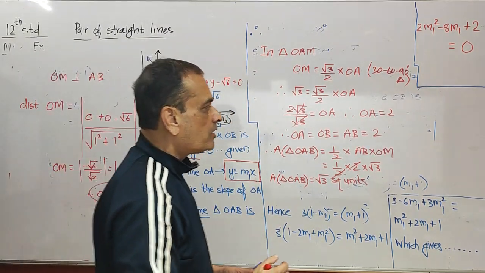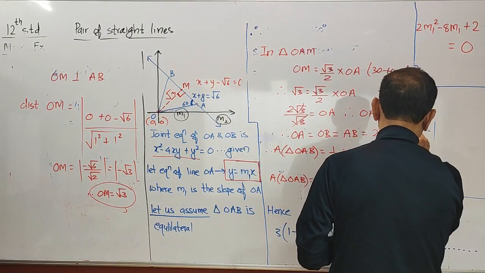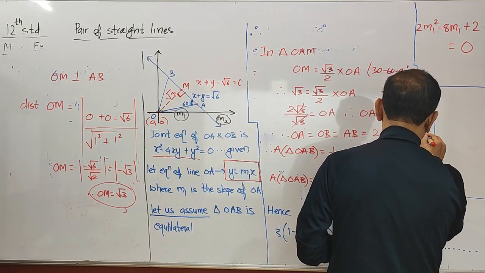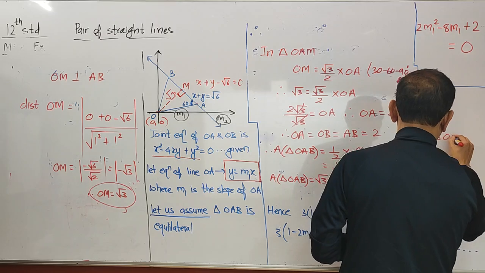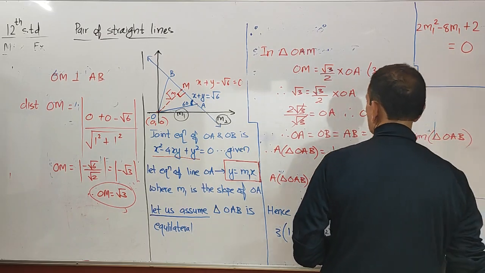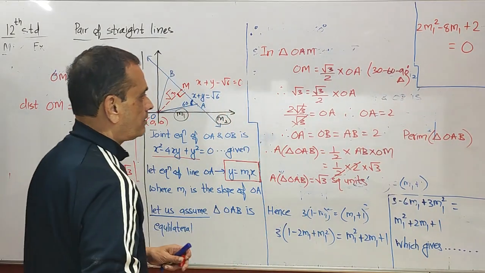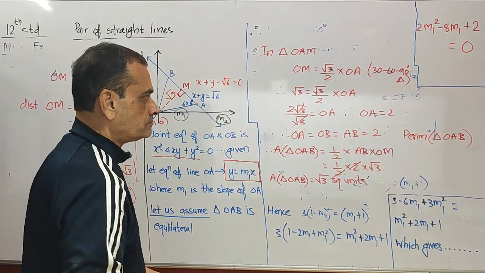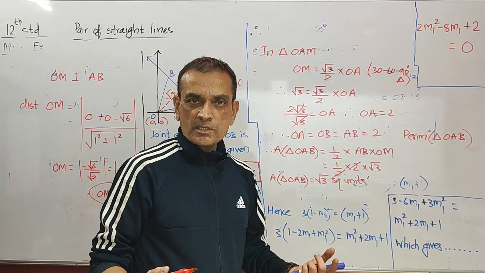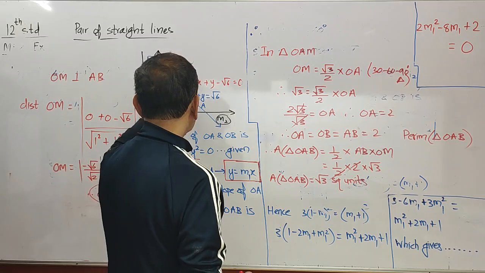Now finally perimeter of triangle. Perimeter of triangle OAB, just add the 3 sides. 2 plus 2 plus 2.